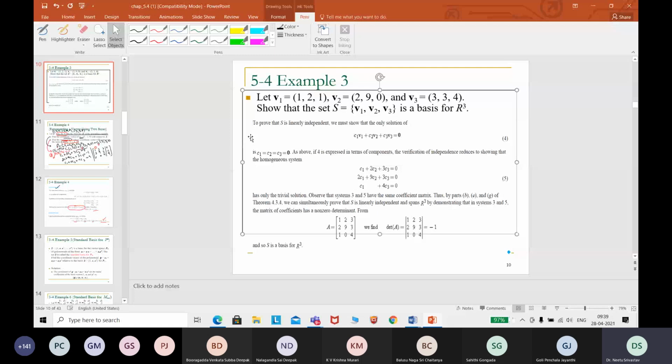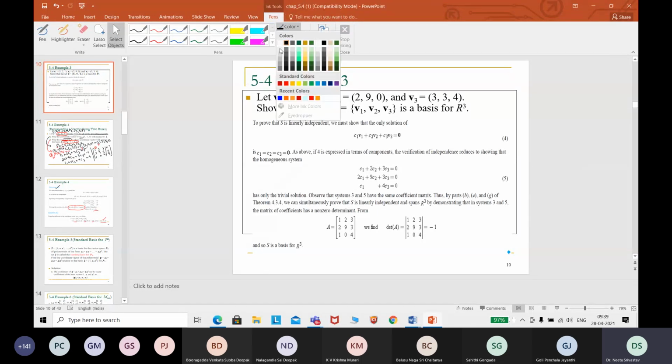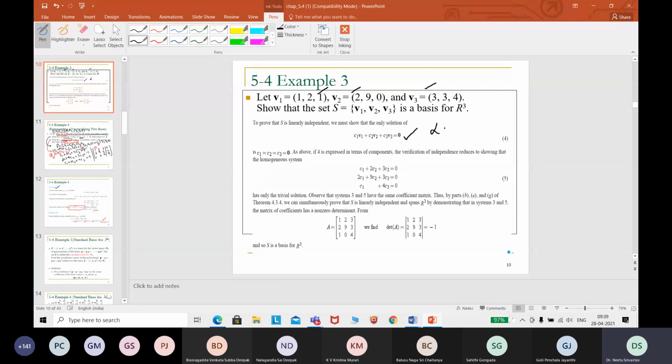Mathematically, for linear independence, the linear combination should be equal to 0 only for 0 values of C1, C2, C3. This gives you the homogeneous equation.